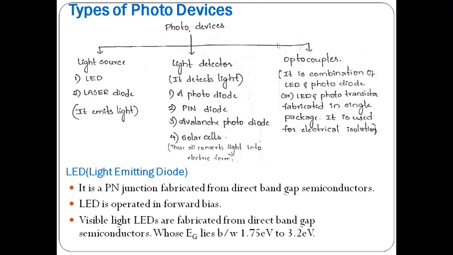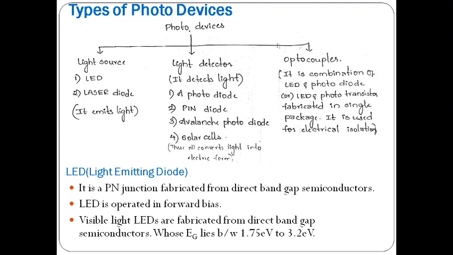So in indirect band gap semiconductors, the free electron is not directly recombined with the hole in the valency band. Initially, it moves from the conduction band to the intermediate energy level by changing its momentum and energy. Then again, that electron will move from the intermediate level to the valency band and recombine with the hole.